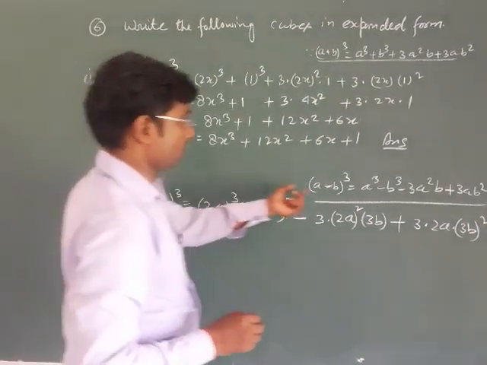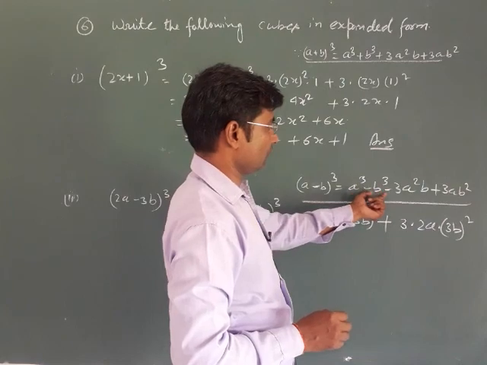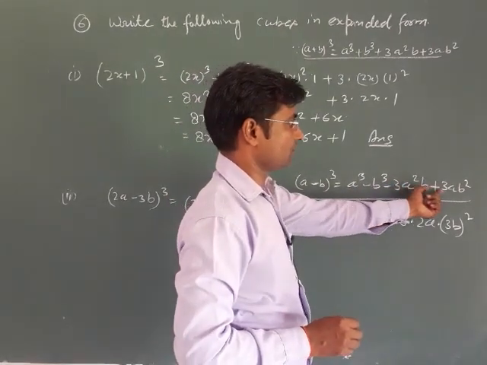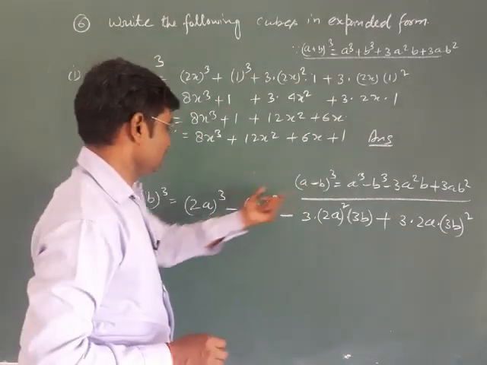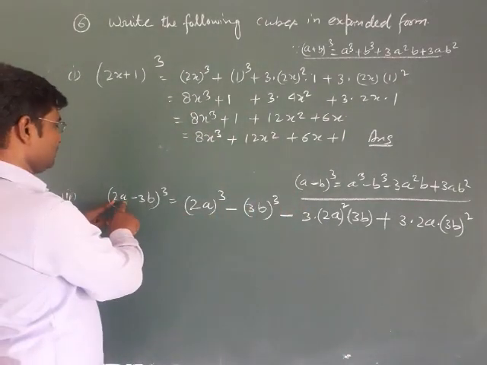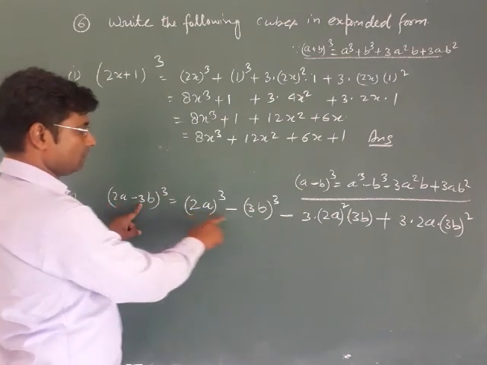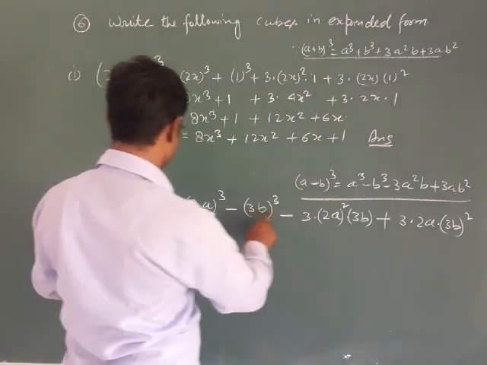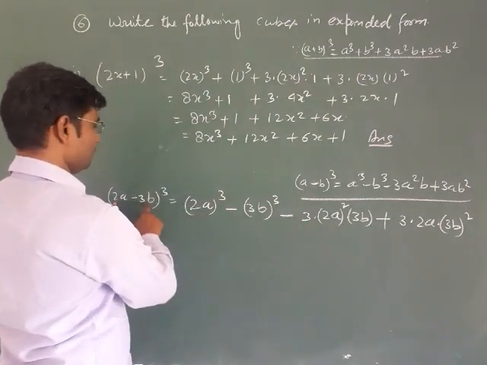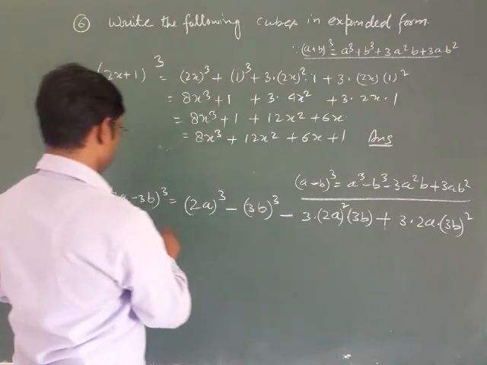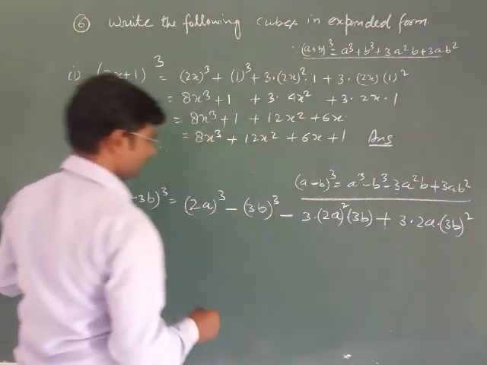So this (a minus b) whole cube is equal to a cube minus b cube minus 3a square b plus 3ab square. So now this identity use here. So this is (2a) cube minus this is (3b) cube minus 3 times (2a) square into 3b plus 3 times 2a into (3b) square.